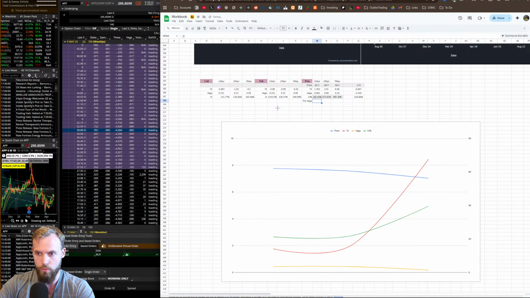So the way that we'll do that is essentially taking this times 100. You need to do the IV times 100 to take it out of the percent so that you can actually do the math for this. Times your vega.